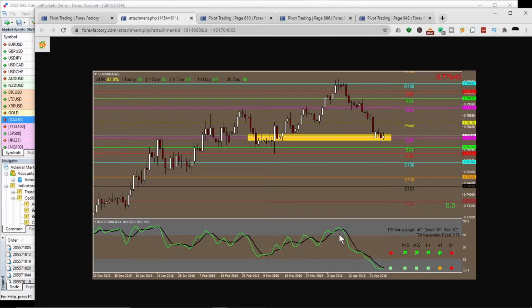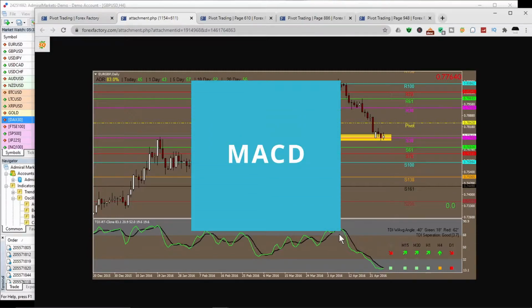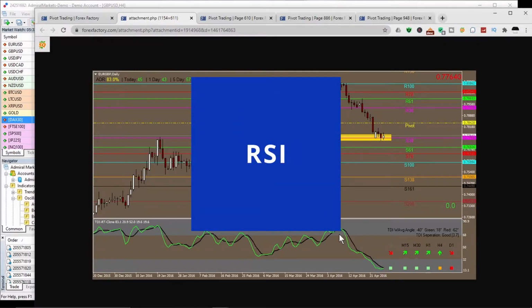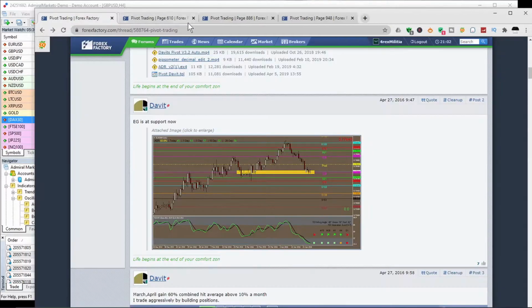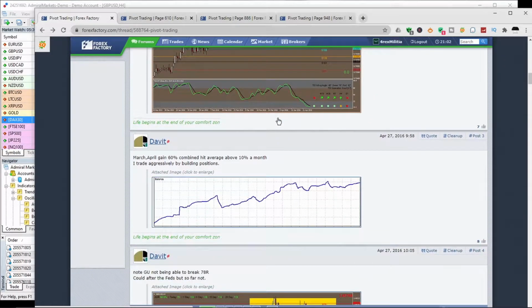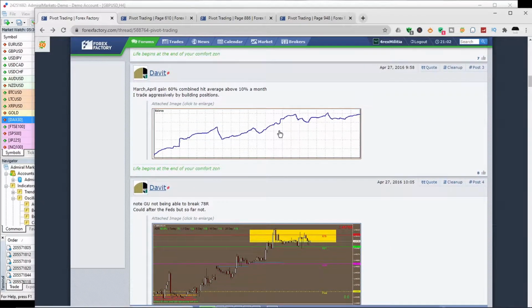The usual suspects are the MACD, the RSI, and the stochastic. So he's using the divergence coming off of pivots that it looks like he created, and he's basically getting in at a very good price. So that's what Davit pivot trading actually looks like.